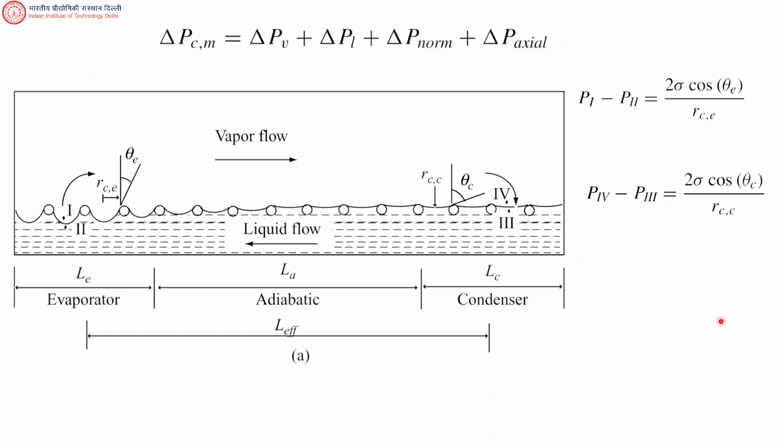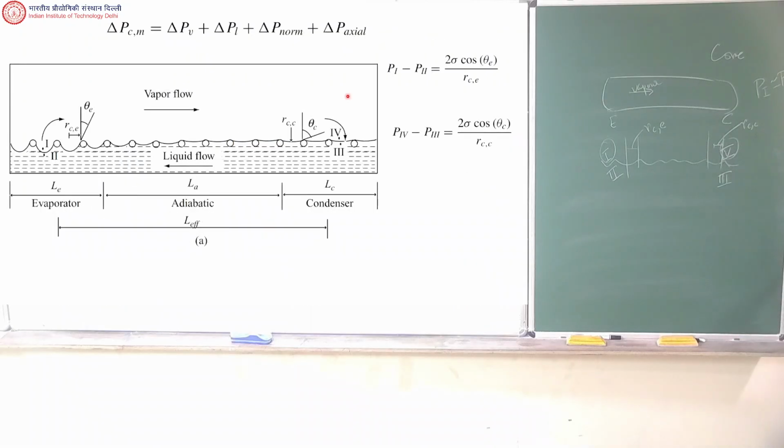The other thing which we will do is we will say that P1 and P4 are approximately equal. There's a P1 here and a P4 here. So we'll say P1 is approximately P4. These are both in the vapor phase.